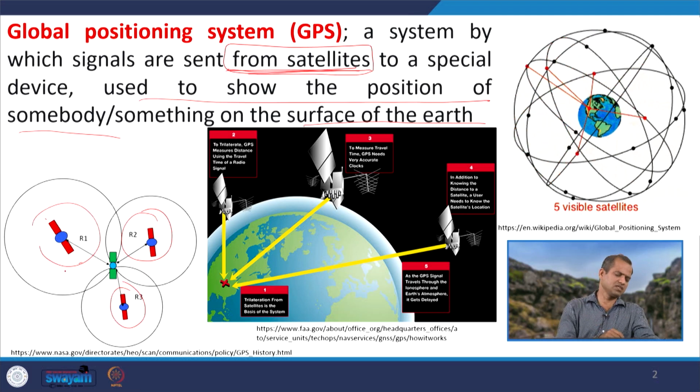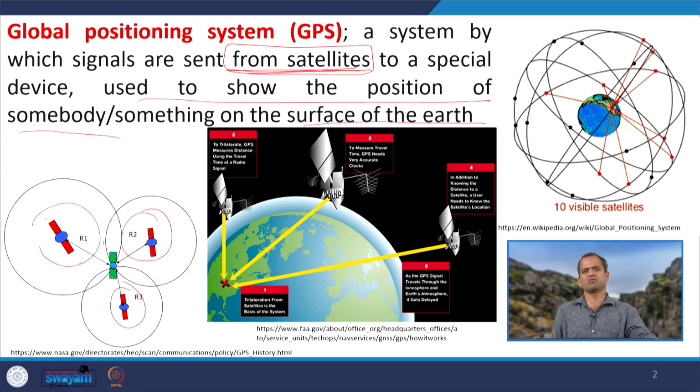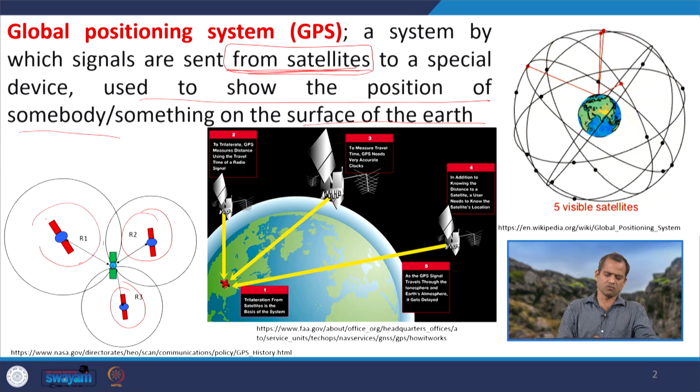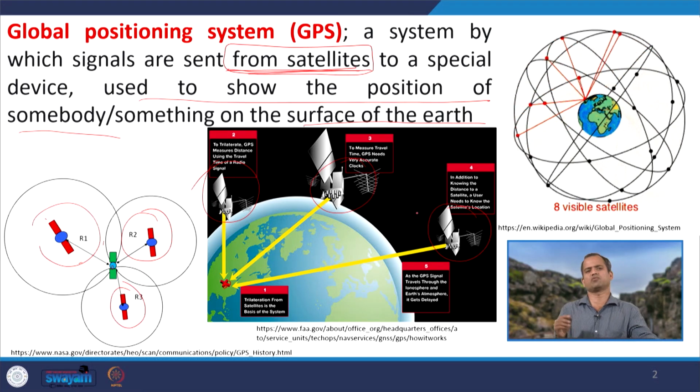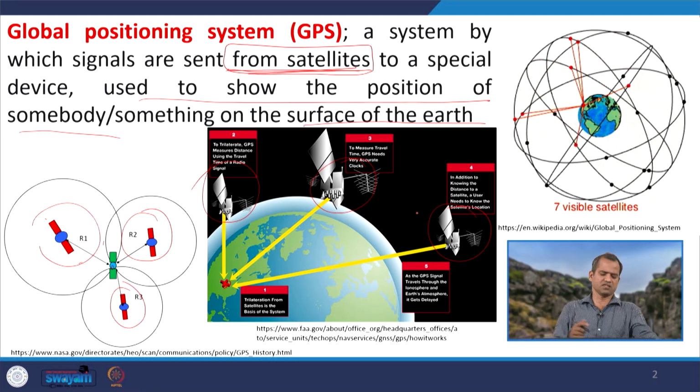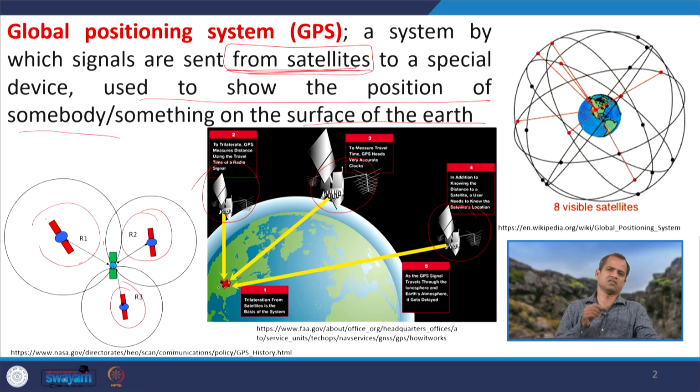Now if I put the 3 distances as different circles, the junction is my location. In a similar way, we determine the earthquake epicentral distance from graphs. So similarly, these are the satellites, and they are sending their signals 24/7, and that signal is received by a receiver on the ground station, and from there latitude, longitude, altitude is calculated.